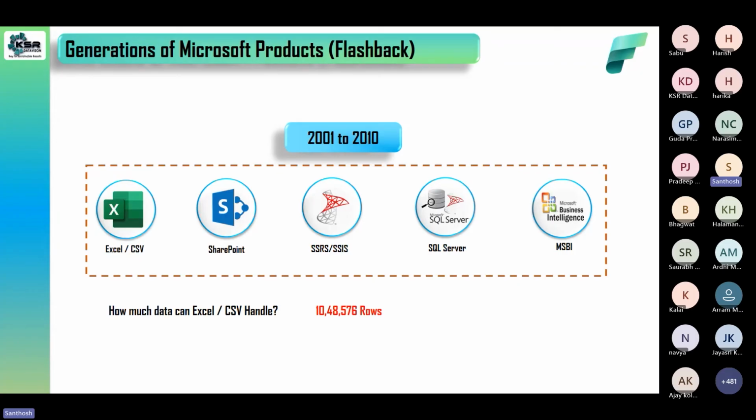But what if I tell you that the number of customers in Amazon is 100 million, and your Excel sheet supports only 1 million? Where is 1 million? Where is 100 million? Where can I go and store this?